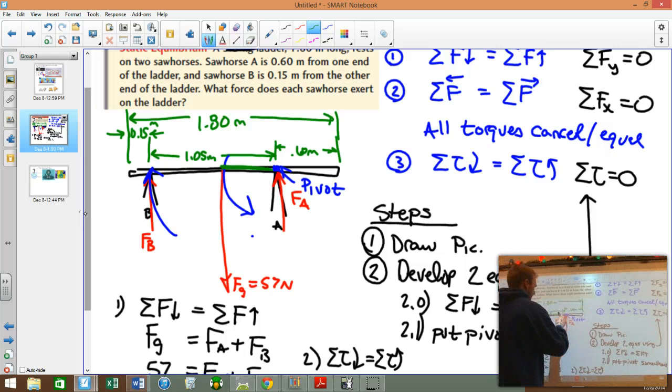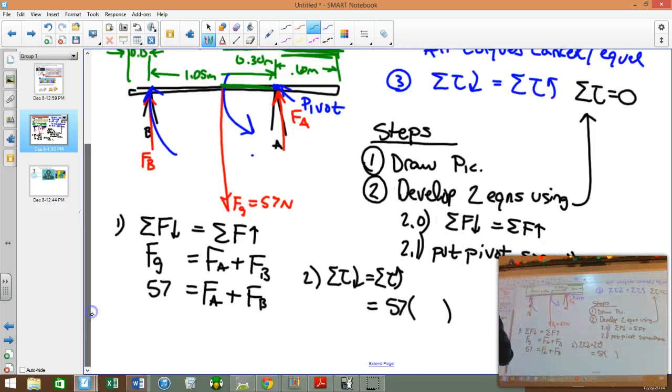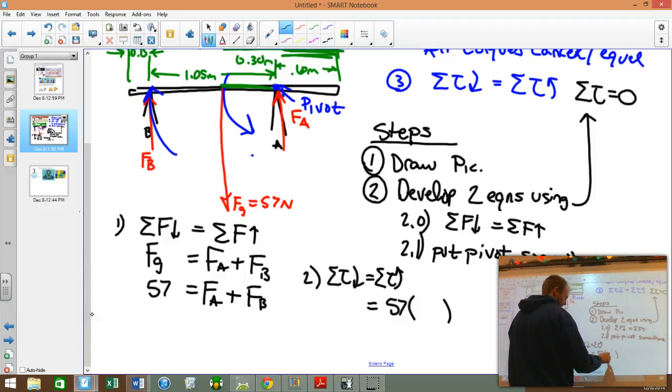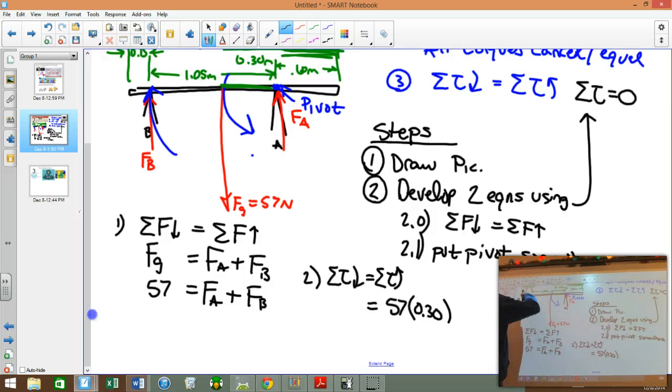And so if this distance right here is 0.9, this is 0.6, so this has to be 0.3. So the distance away from my pivot is 0.30. And now I've got a clockwise torque. It's the force at B times its distance away from the pivot. That's 1.05.